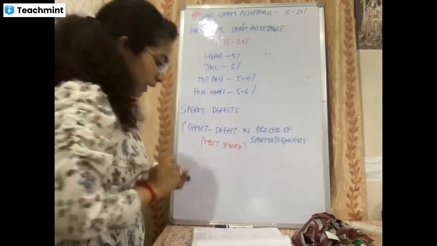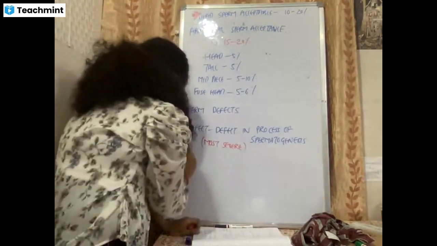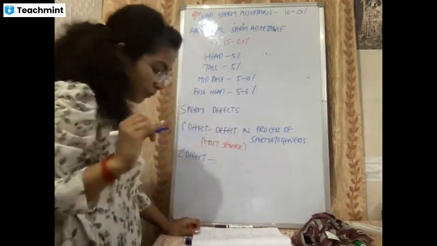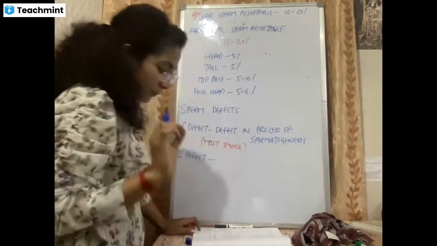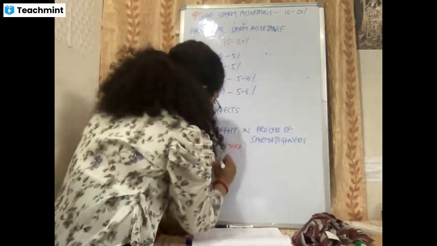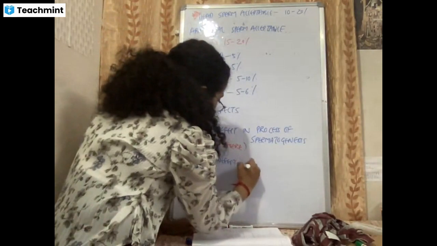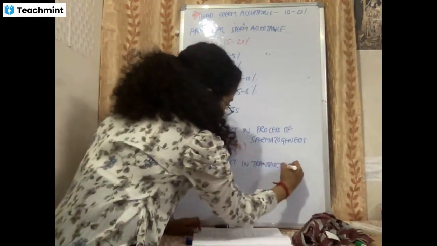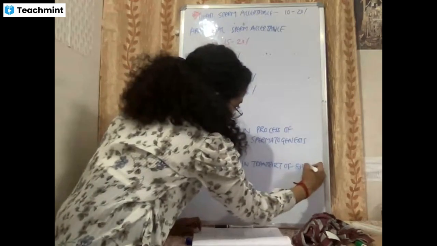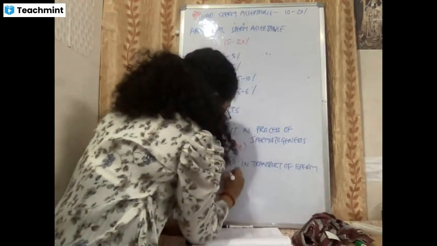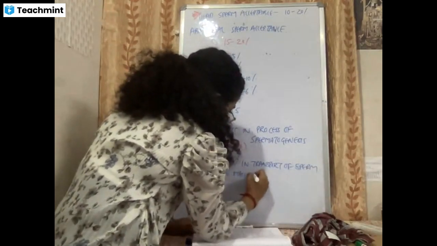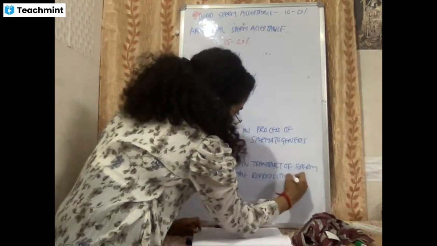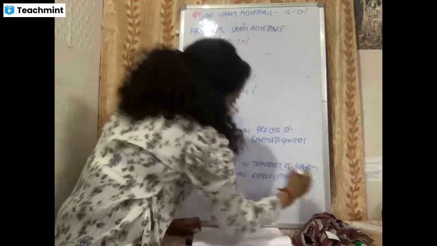Then we come to the secondary defect. Secondary defect is during the transport. Defect in transport of sperm in the male reproductive tract.